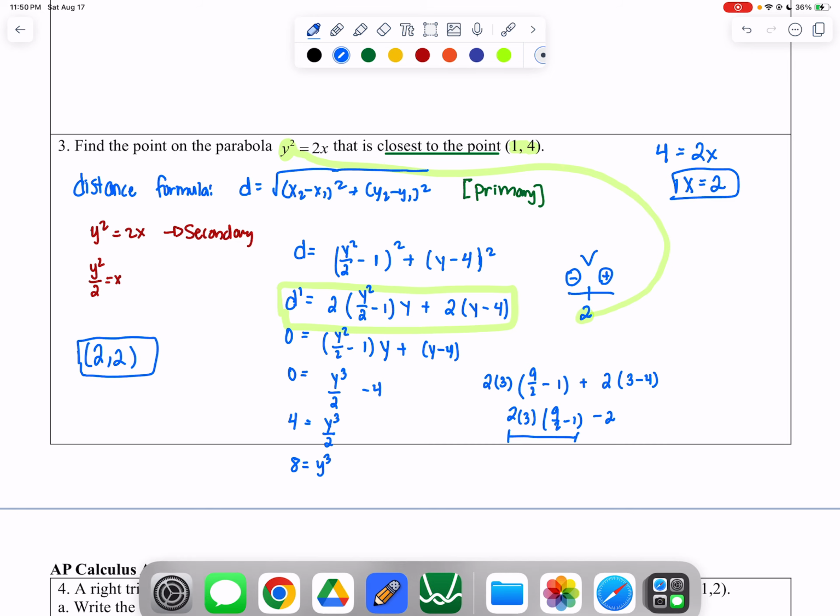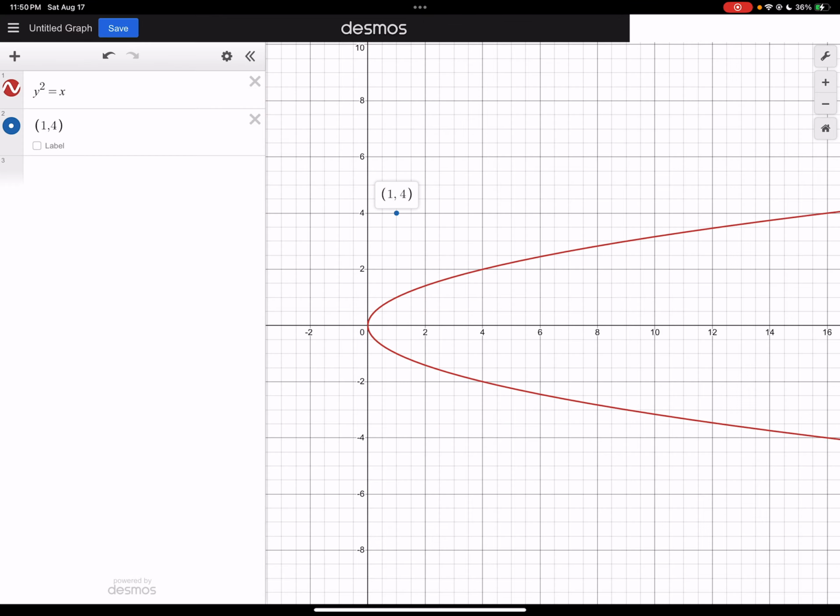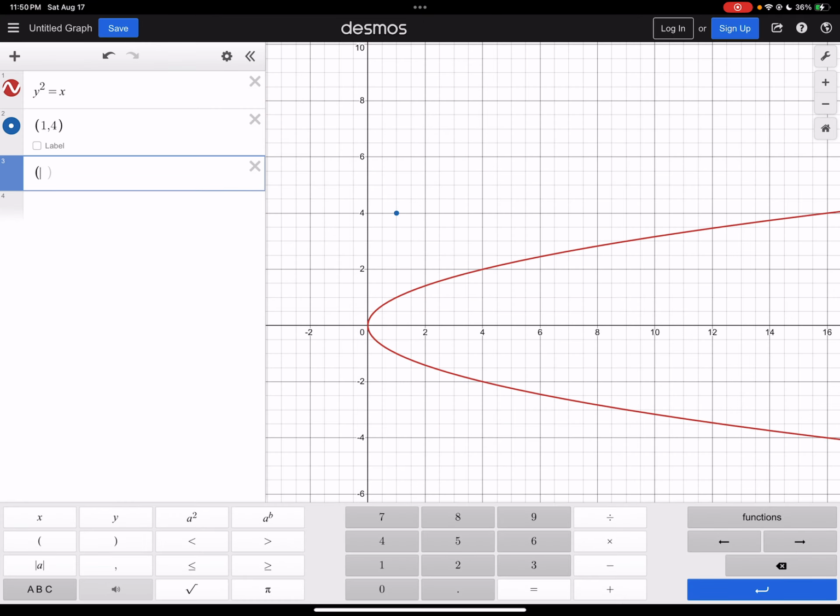Now, if I were to verify this and look at, let's say, 2, 2 right here, you could probably see that it kind of looks like it's going to be the... Bestie, what did I do wrong? What did I do wrong? Oh, wait.